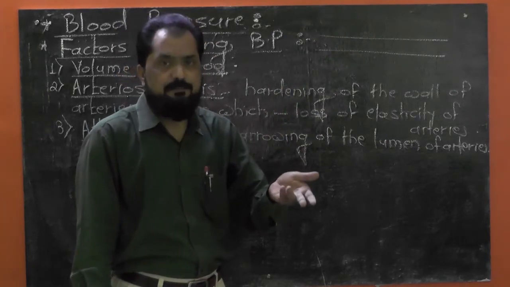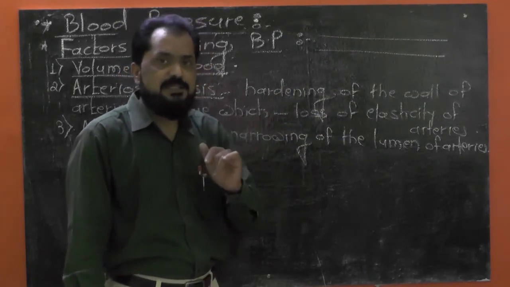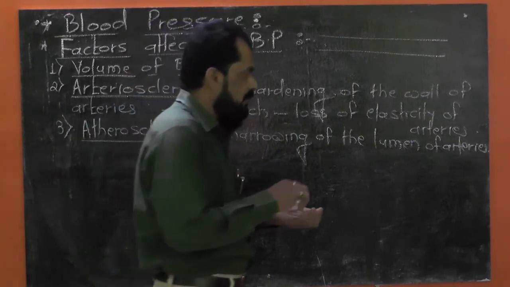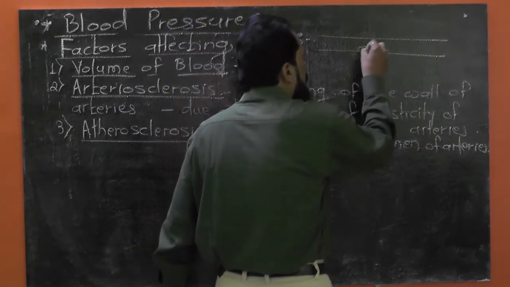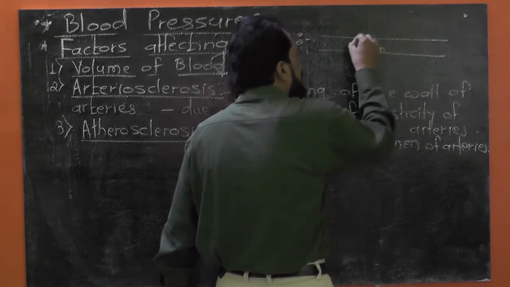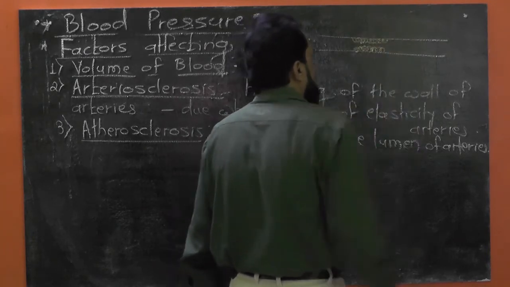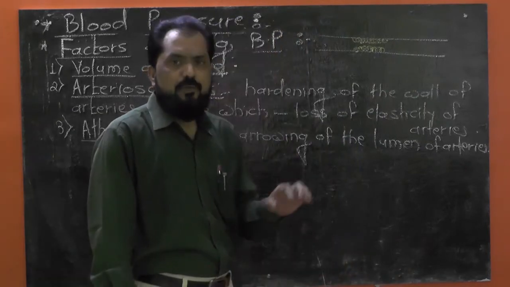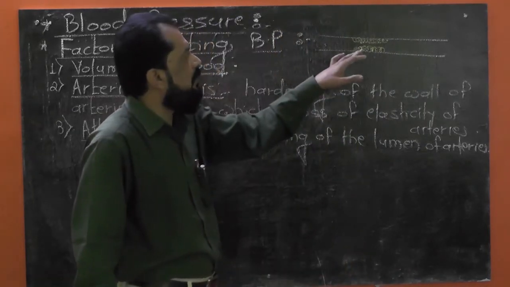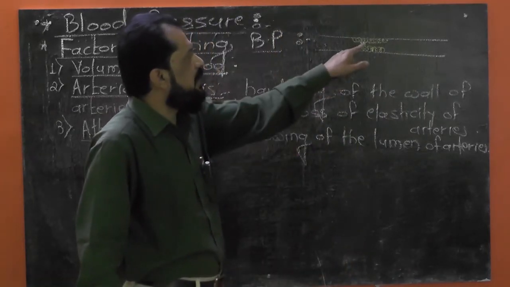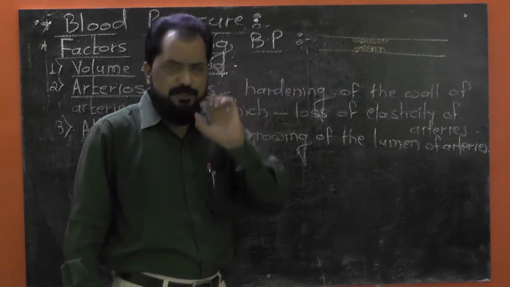It affects the blood pressure. Simultaneously, whenever there is deposition of lipids or the formation of such layers, plaque of cholesterol in the lumen of the artery, it leads to the narrowing of the lumen of the artery.